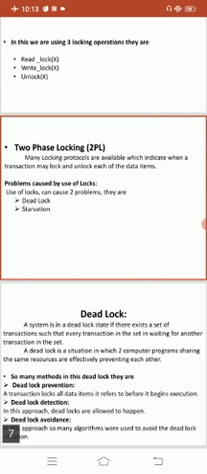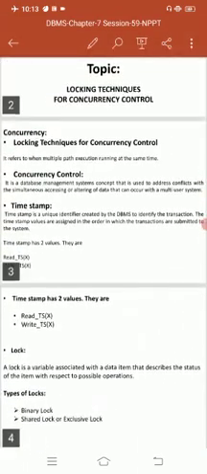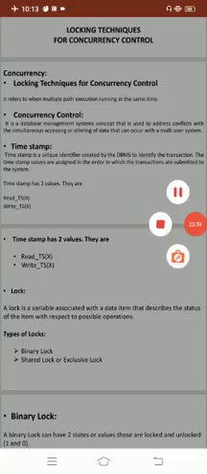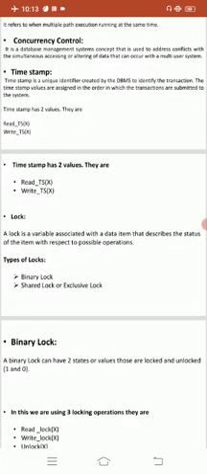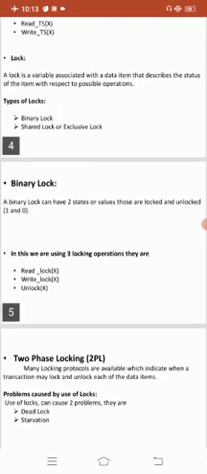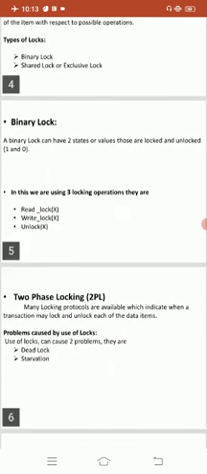These are the two problems of locking. In this session we understood locking techniques for concurrency control: what is meant by concurrency, what is meant by concurrency control, what is meant by timestamp and the values of timestamp, and then locks and types of lock, binary lock and shared or exclusive lock, the definition of binary lock, and the explanation of shared or exclusive lock.